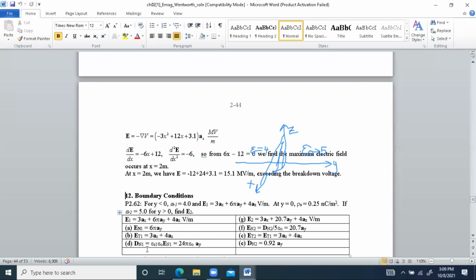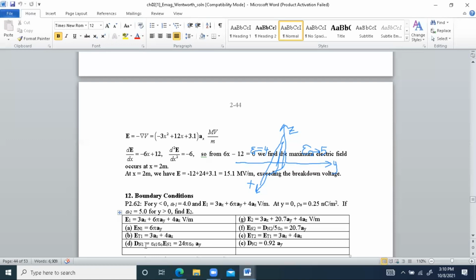Remember, D is epsilon E. So by just doing this, you have E normal 1 and E tangential 1, so you have D normal 1.